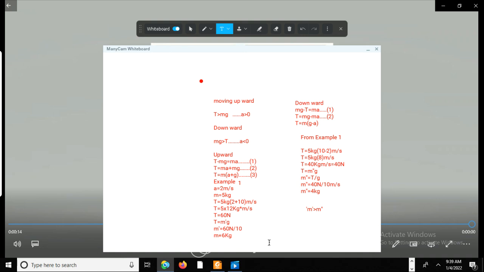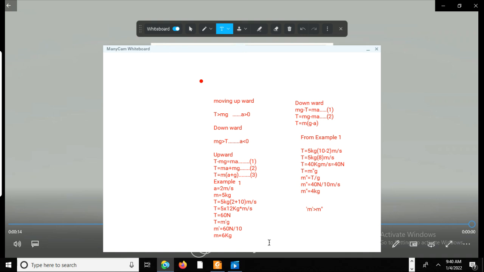Okay, so we can have different mass. We can have mass as 5 kilogram, mass as 6 kilogram, mass as 4 kilogram, depending on the acceleration of the body moving, whether it is upward or downward, or when it is at rest on the surface of the floor.